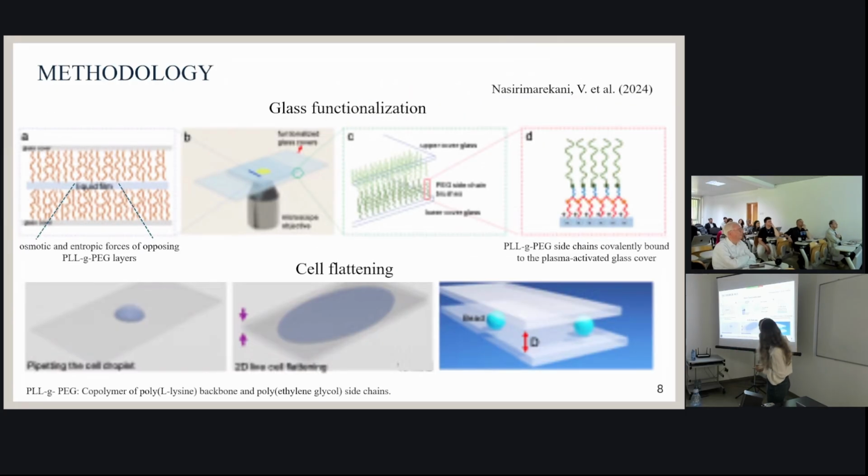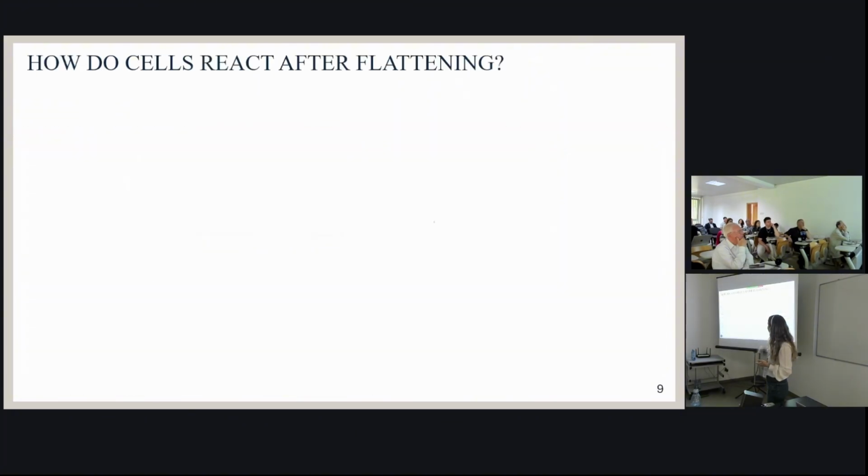To answer these questions, this is a little bit of a spoiler, but basically here is the model that we used for our experiments. We put one drop of cells between two glasses functionalized with a polymer, and then we flatten the cells, with a distance of 1 micrometer, which is a very strong confinement limit, and then we did some imaging.